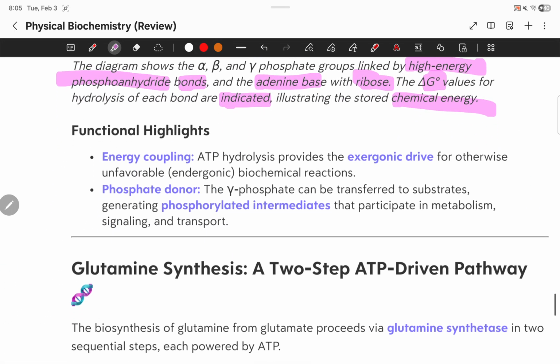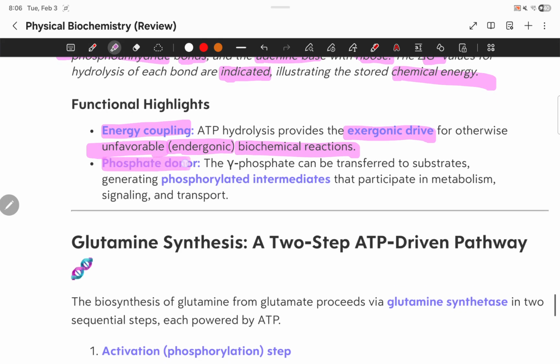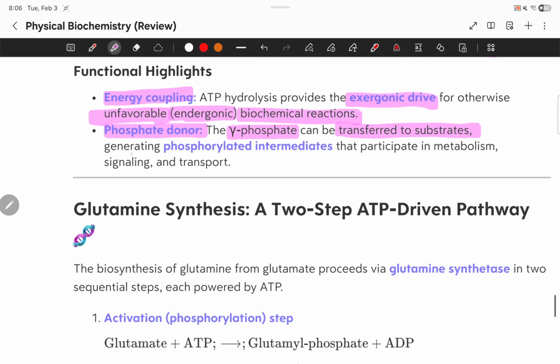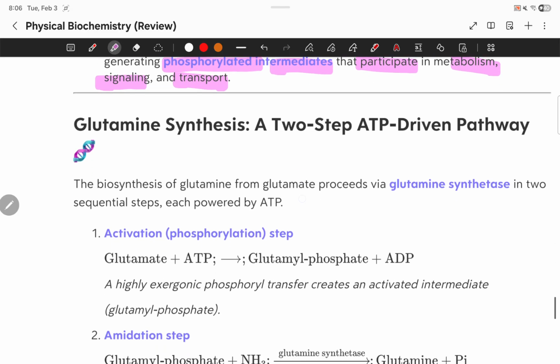Now, energy coupling. ATP hydrolysis provides an exergonic drive for unfavorable, endergonic biochemical reactions. As a phosphate donor, the gamma phosphate can be transferred to substrates, generating phosphorylated intermediates that participate in metabolism, signaling, and transport.